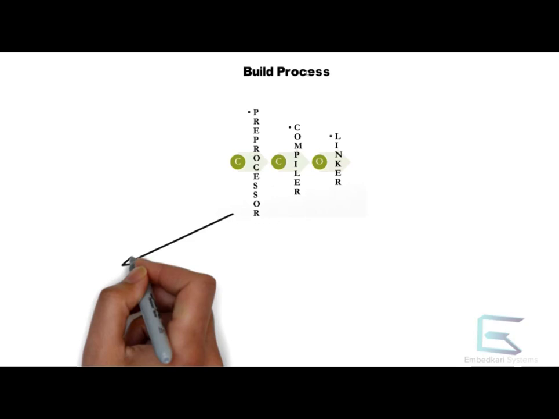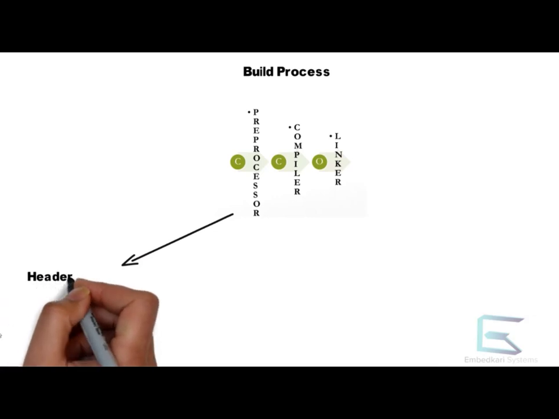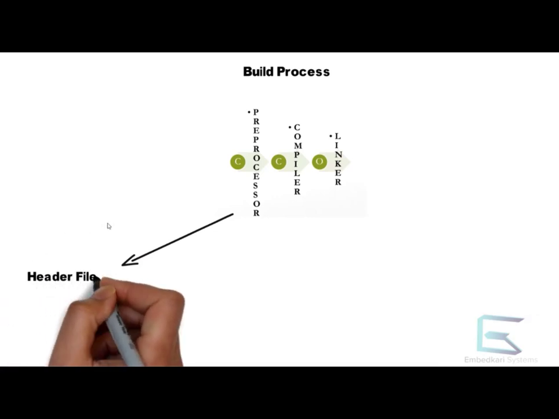Generally, the preprocessor is part of the compiler itself, and this preprocessing is based on some directives, and it looks for that symbol.